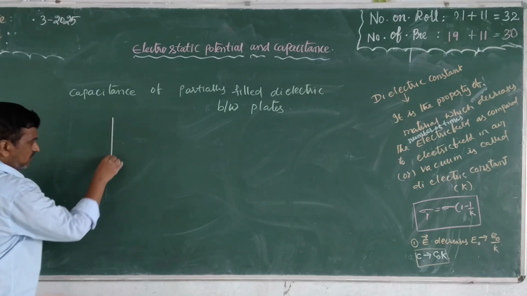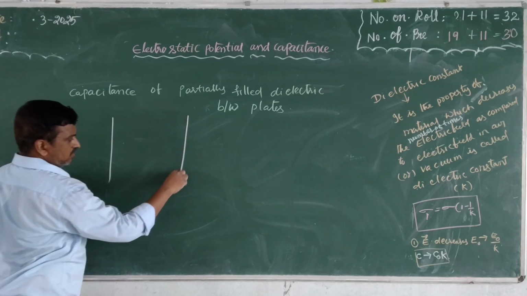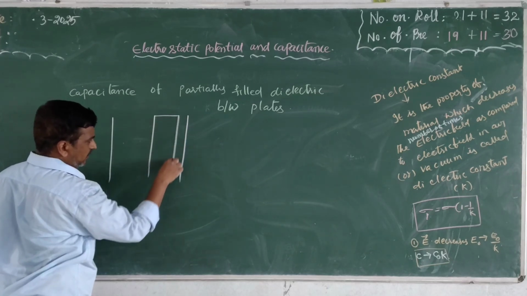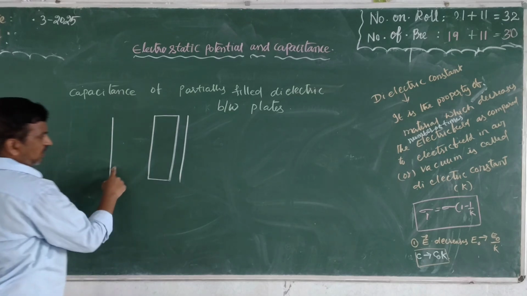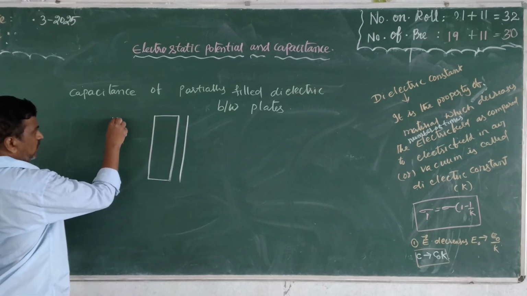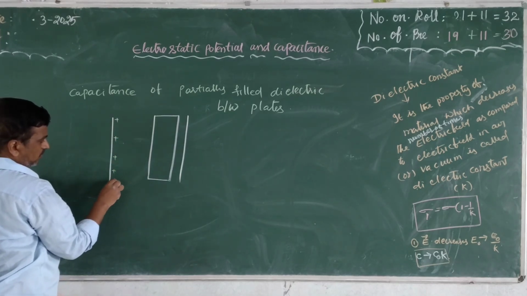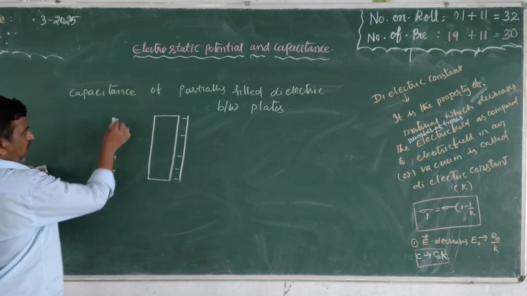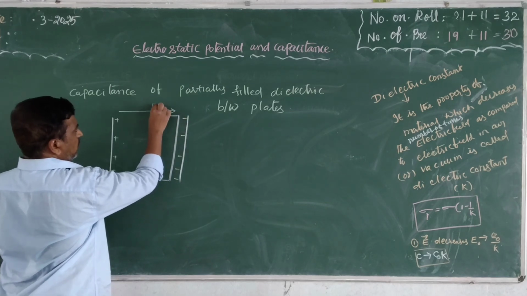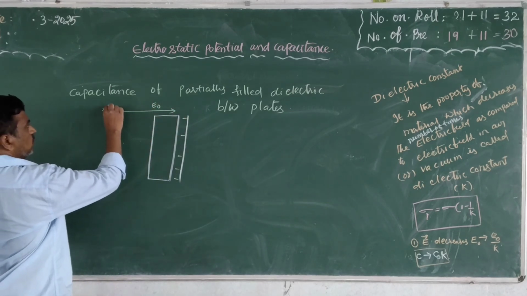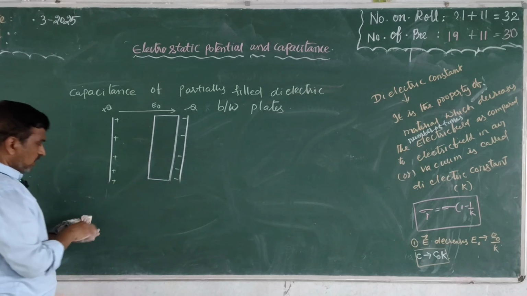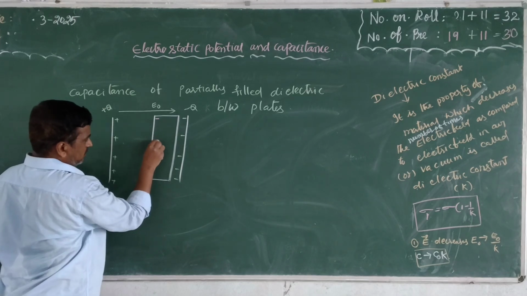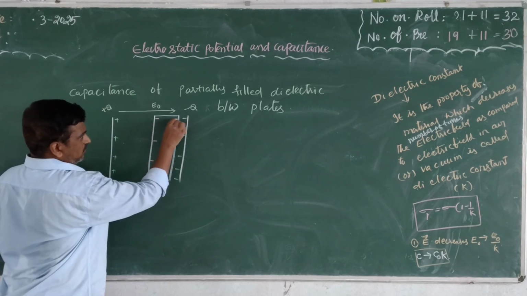See here, it is one plate and another plate; here is the dielectric, and the remaining part here is empty. Here it is the positive charge and here the negative. The electric field goes from positive to negative, it is E naught, with plus Q and minus Q. In the dielectric, charges are developed, minus and plus.